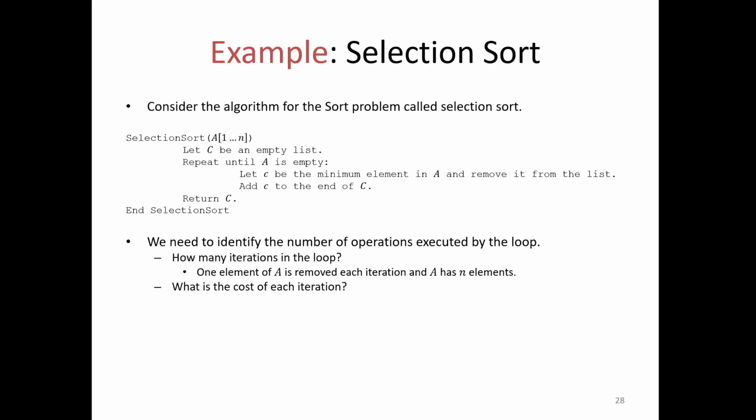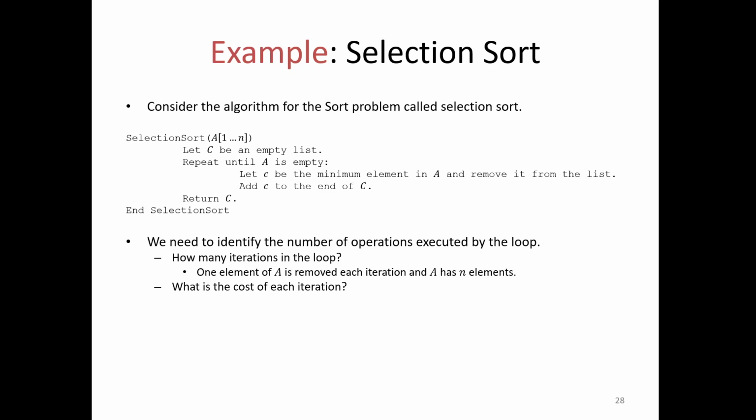On a single line of pseudocode, we might be able to capture an entire loop, an entire subroutine call, and that means we could probably do on one line of pseudocode any amount of work as long as we have a nice, easy way to express that, say in a single sentence. So here we have a single sentence. Let C be the minimum element in A and remove it from the list. So there's a whole bunch going on there in that one sentence. We're finding the minimum element of A and we're removing it from the list.